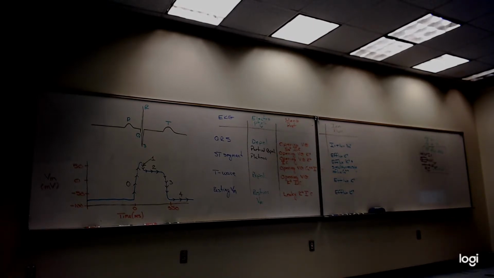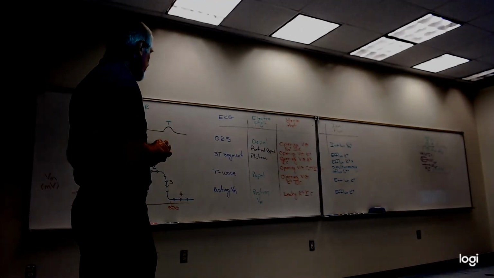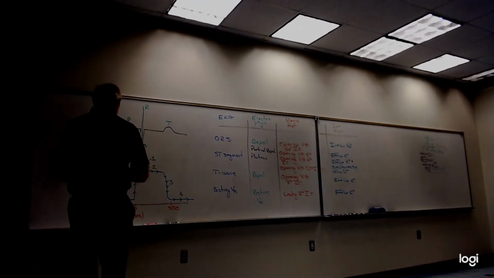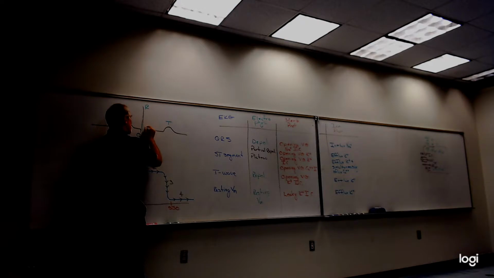During that plateau phase, positive charge is leaving the cell, which wants to make the inside of the cell less positive. But simultaneously, positive charge is coming into the cell in the form of calcium that cancels out that effect. Now, one of the points that I've made to you in lab, to both groups, is that this part of the EKG is very sensitive to blood flow to the heart.